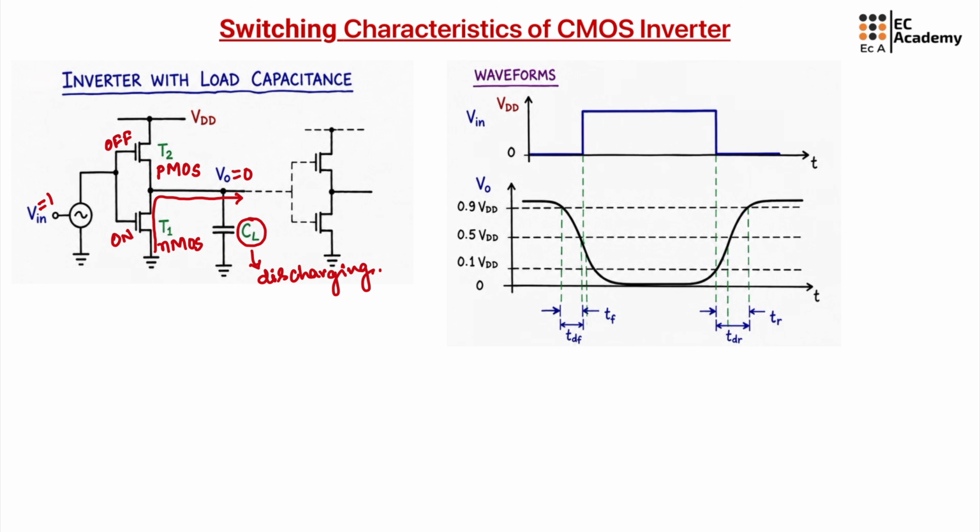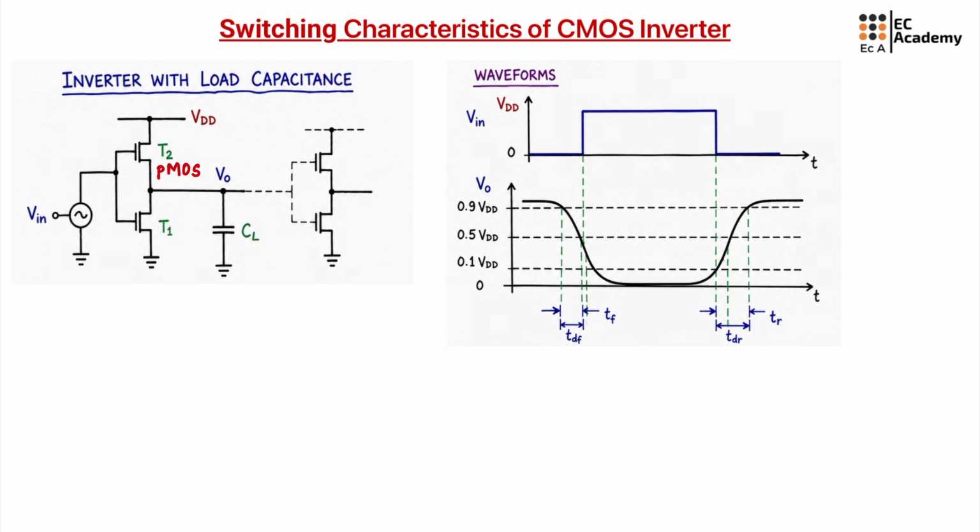Hence, the output voltage starts decreasing towards 0. So, output voltage will approach 0. So, when Vin is low, then V0 will go to high due to capacitor charging, and when Vin moves from low to high, the output will move from high to low since capacitor is discharging.